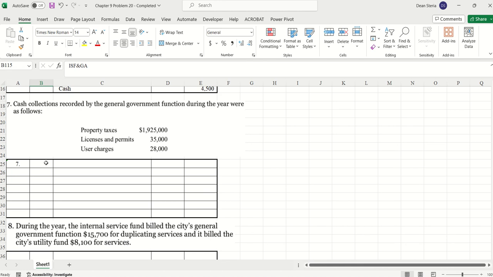Number 7, we have here cash collections recorded by the general government function during the year were as follows. So number 7, we're going to hit the general fund. We got some cash, right? And we got taxes receivable, current.